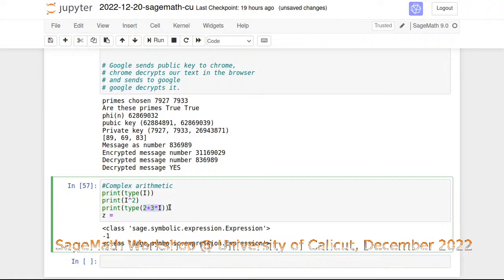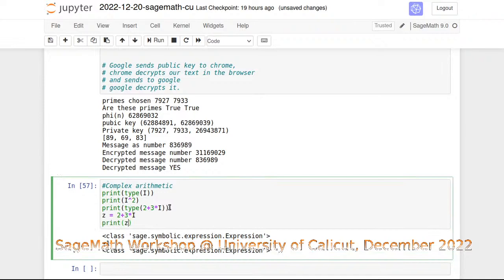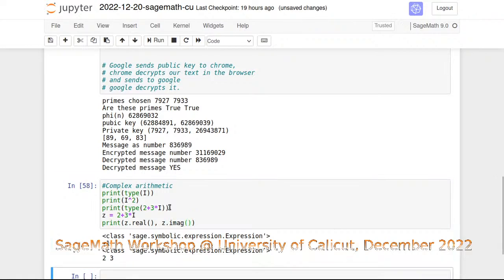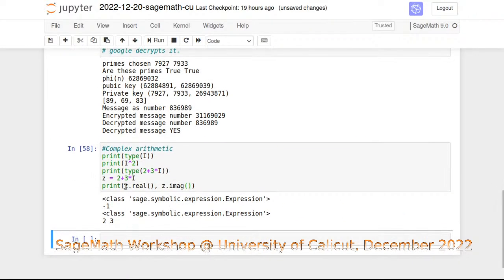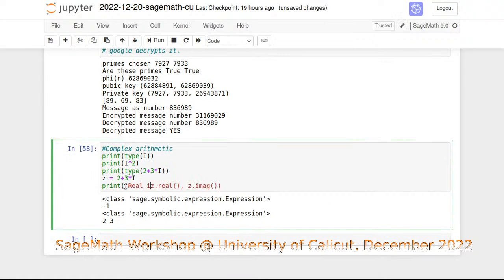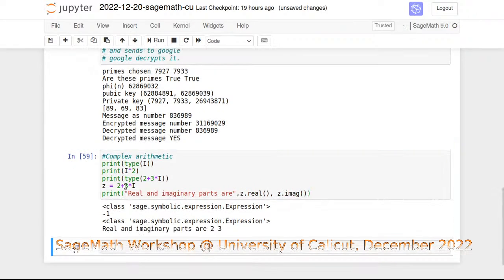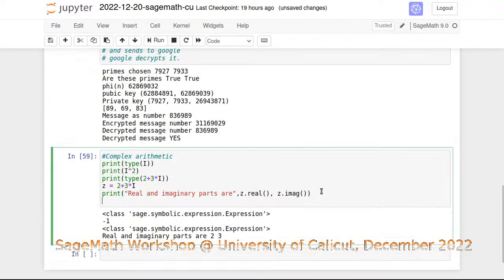And suppose we put it equal to this, then we can extract the real part and complex part of a number like this. Now it's possible to find the conjugate as well.